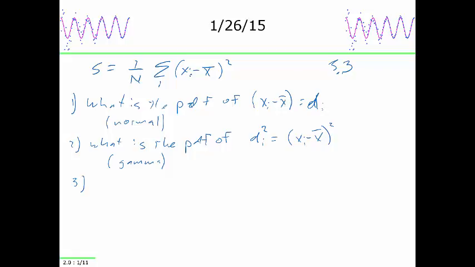And then what is the PDF of a sum of squared deviations?